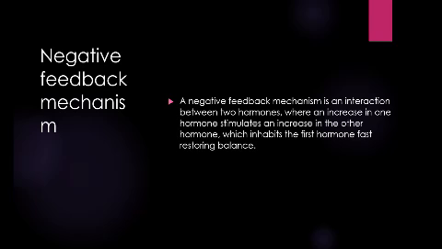The negative feedback system can be seen in the hormonal control of the menstrual cycle, where progesterone influences the secretion of the follicle stimulating hormone. In short, we know it as FSH.